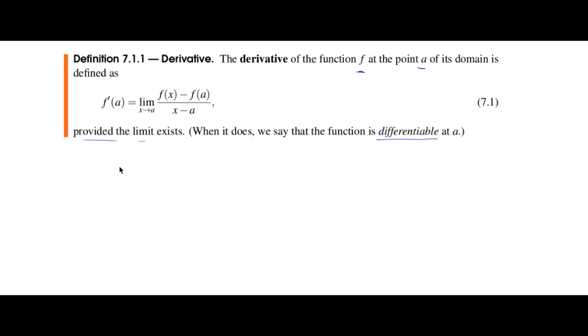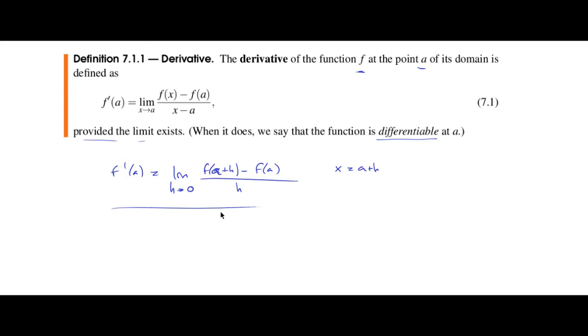We could also define the derivative as the limit when h goes to 0 of f of a plus h minus f of a divided by h. In this case, what we have done is introduce x equal to a plus h, and when x goes to a, h has to go to 0.